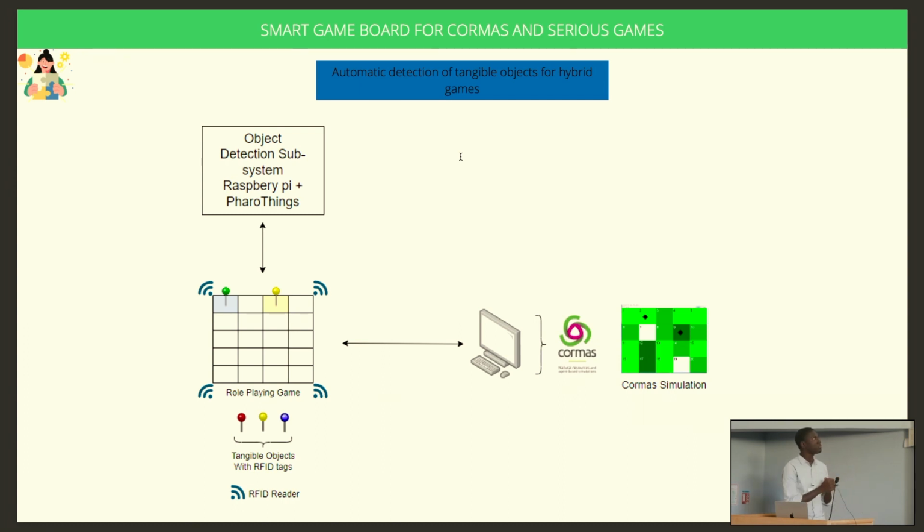It's a game board where people move some objects, and the position of each object can be related to some resource or some consequences. We propose an RFID technology system that helps know the exact position of the objects and directly sends the positions to our Cormas models in the background. This is the general overview.